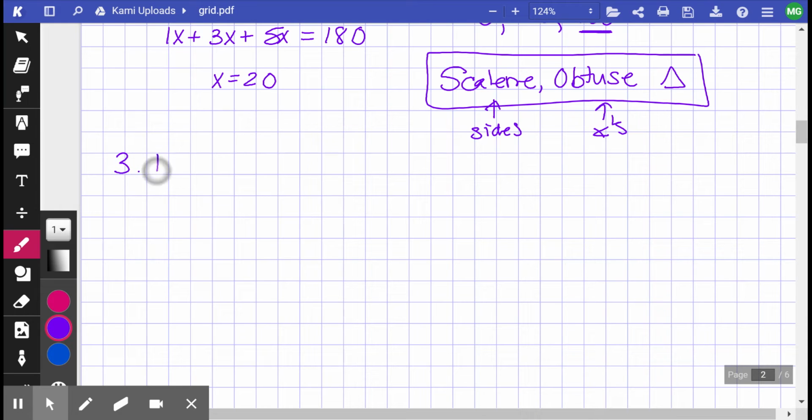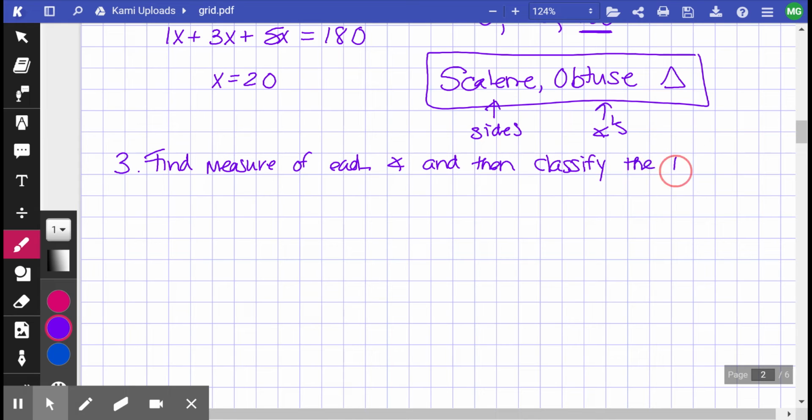Okay, let's do one more. Find the measure of each angle and then classify the triangle by its sides and angles.